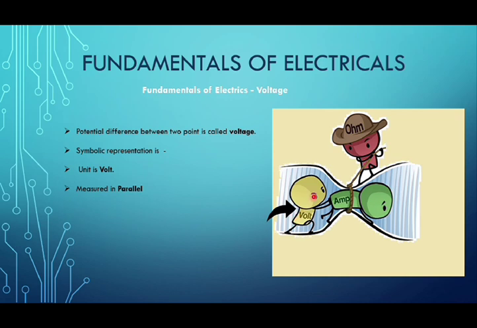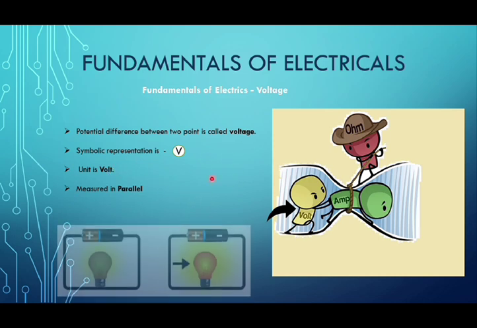Okay, here you can see a simple example. The voltage, in the sense of force, is pushing the amperage. The symbolic representation is V, and the unit is volt. It should be measured in parallel, as we already saw in the earlier slide.